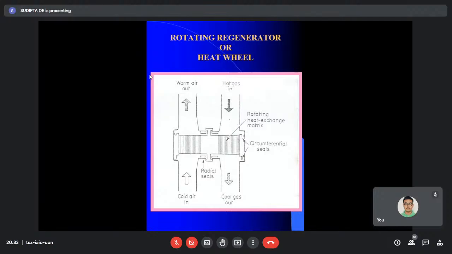And now the greater challenge of regenerative heat exchange, which is not at all present in recuperative, is the contamination problem. Because as I have mentioned, no industrial fluid, whether it is a liquid or gas, specifically for waste heat recovery, is coming from a previous upstream process. It has done the actual process which is required.